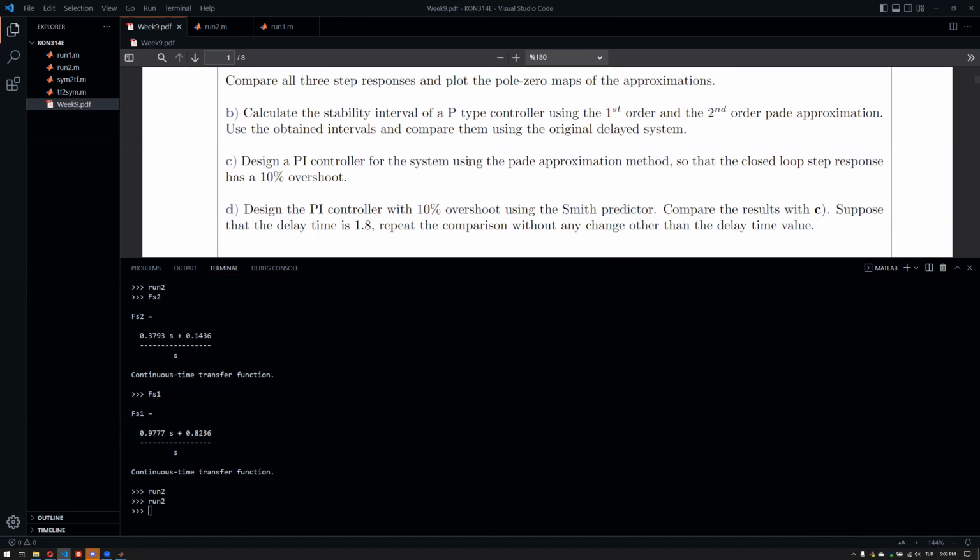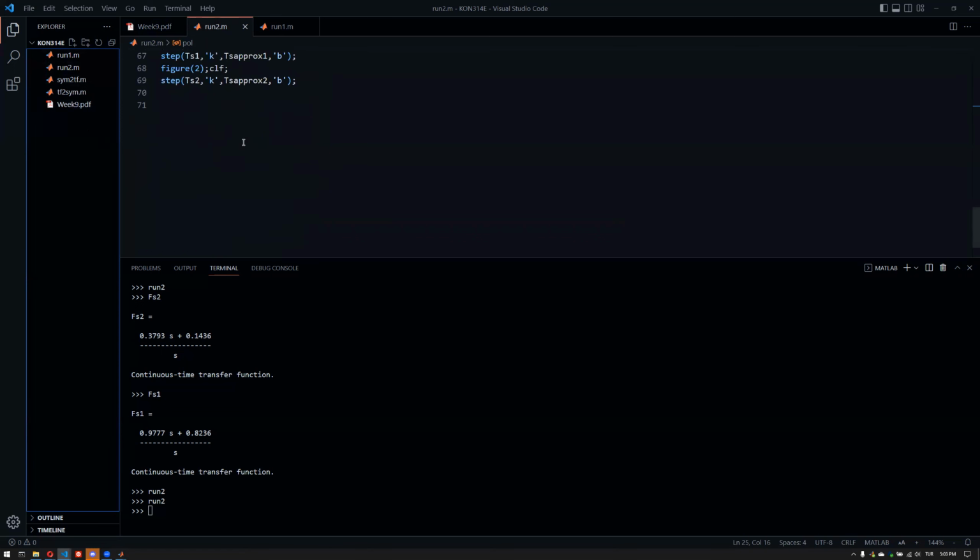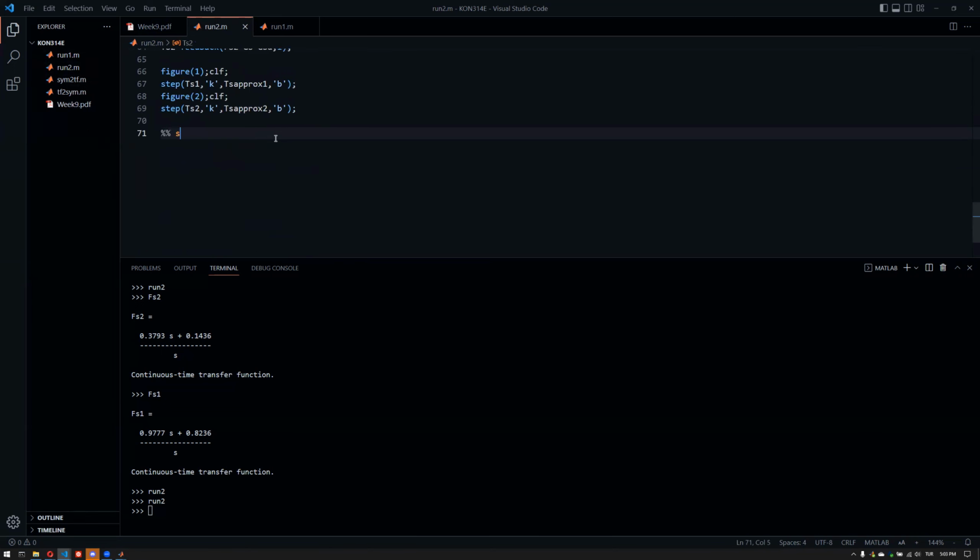I'm going to show you that part out of the PDF here. The important thing about the Smith predictor is that it has a special structure, and what it does is the following. Let me just append it somewhere here.